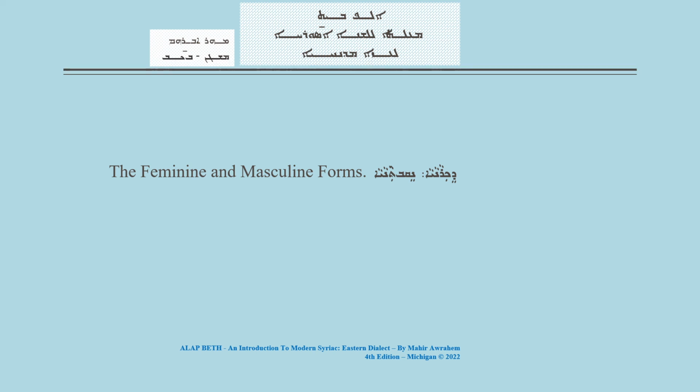Look at this table at the top of page 73. Ida, hand, does not end with the alap, is feminine. Idatha in the plural. Now when you put it in plural, most or all of them are going to have the alap, even though the singular form does not have the alap.